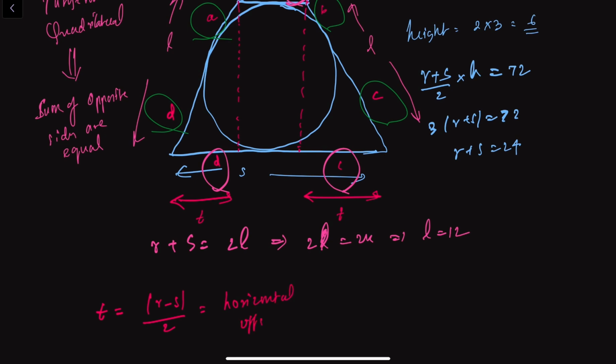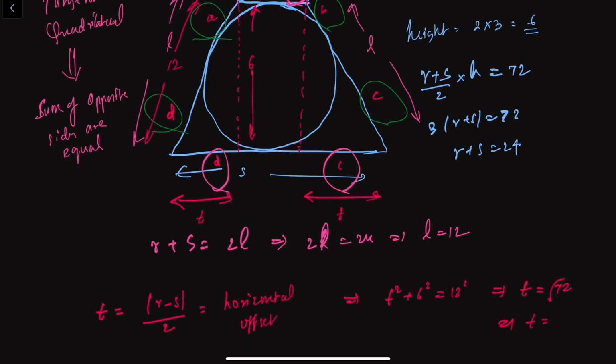We can consider this as the horizontal offset of each leg. This t, and we know the height is 6, and we also know the length of this equal side, which is 12. So t squared plus 6 squared is 12 squared. So t is the square root of 12 squared minus 6 squared.